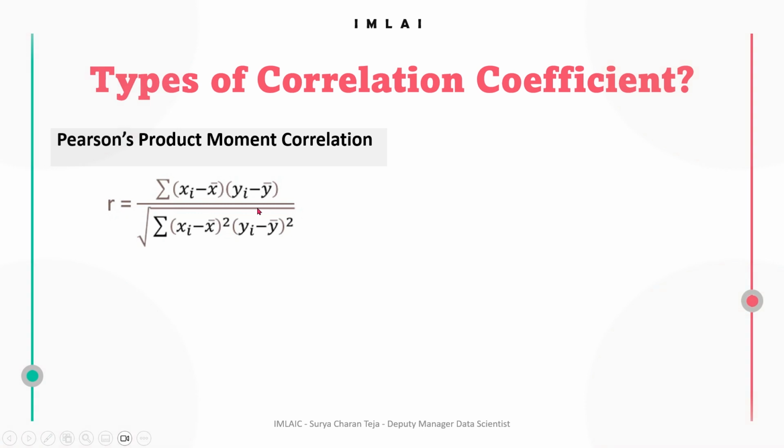Just take these two components separately and do the division, and we'll get the Pearson's product moment correlation coefficient.